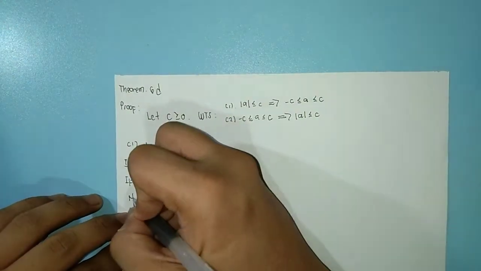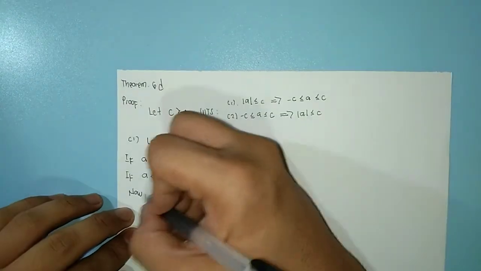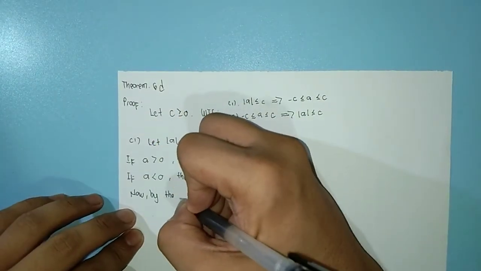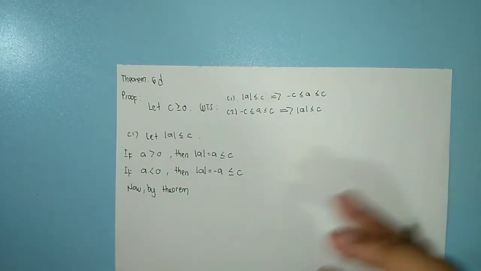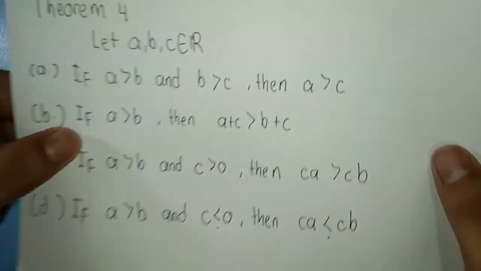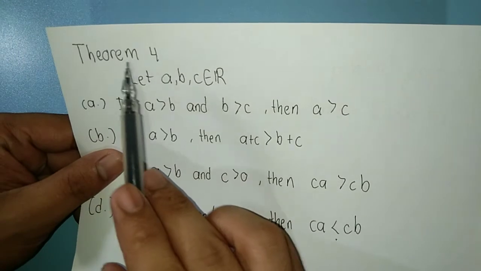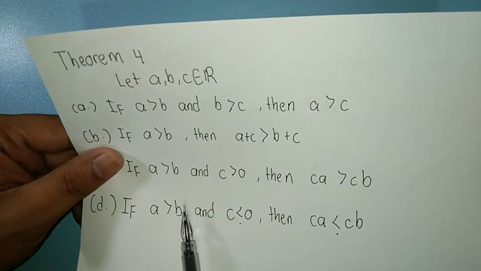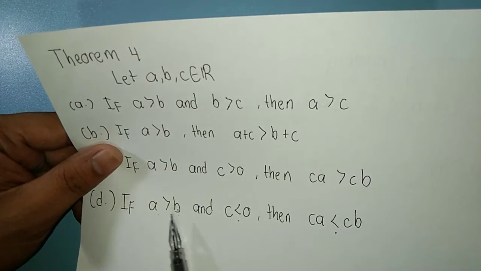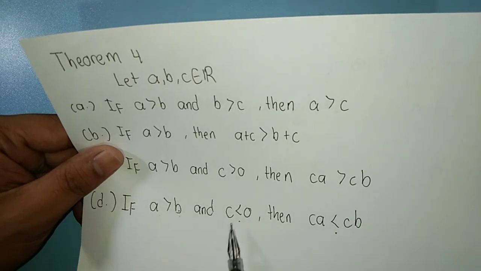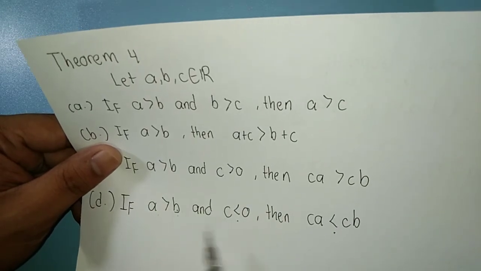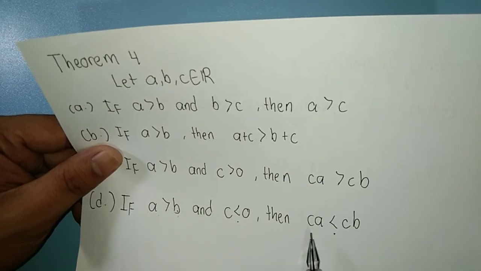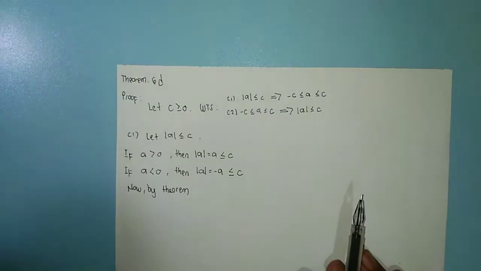Now, by theorem, isang theorem nga ba to ng order properties? So, ito. Kung naalala nyo to, theorem 4D. Pag nag-multiply ako both sides dyan ng negative number, let's say yun ay c, mababago yung ating symbol, magiging ca less than cb.